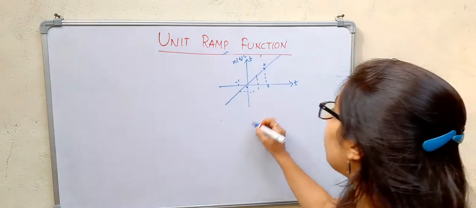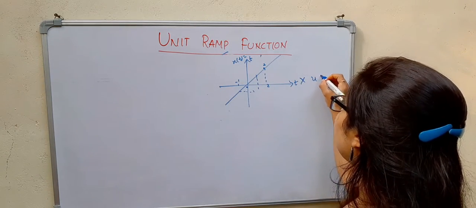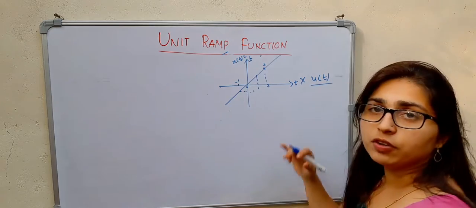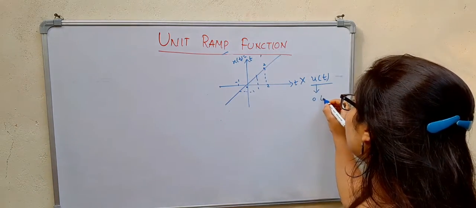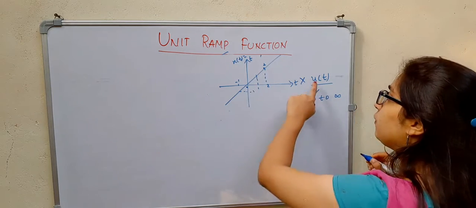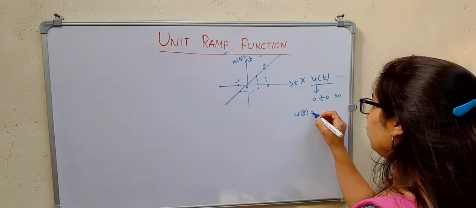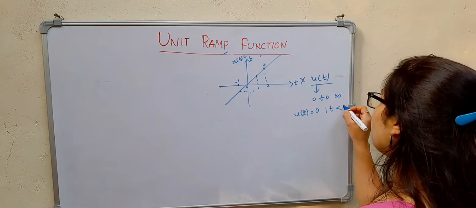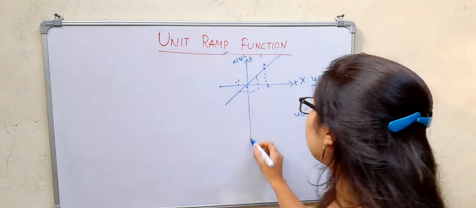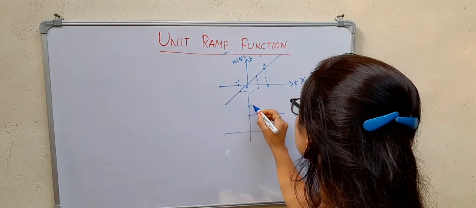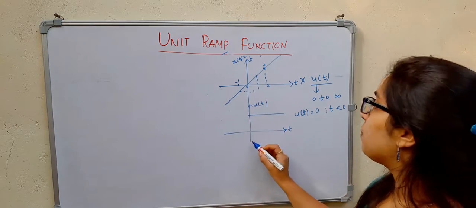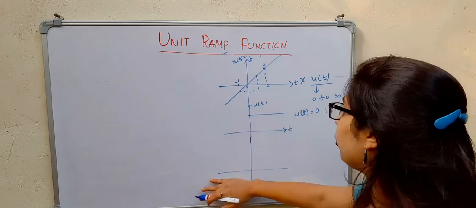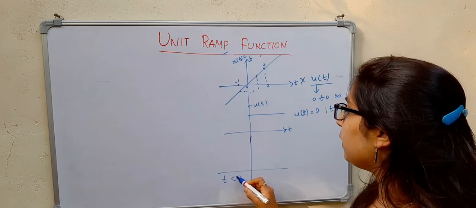Now if I multiply this by u of t, which is nothing but our unit step signal, right? It is 0 for t less than 0. So if I multiply, this part for t less than 0 will be equal to 0.